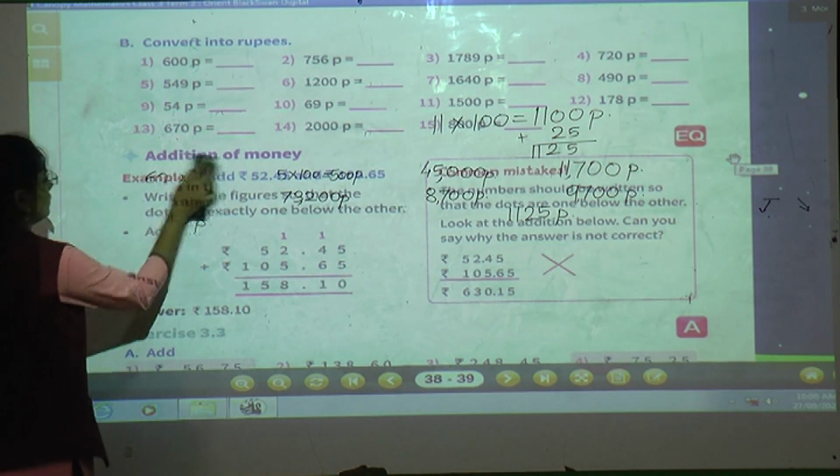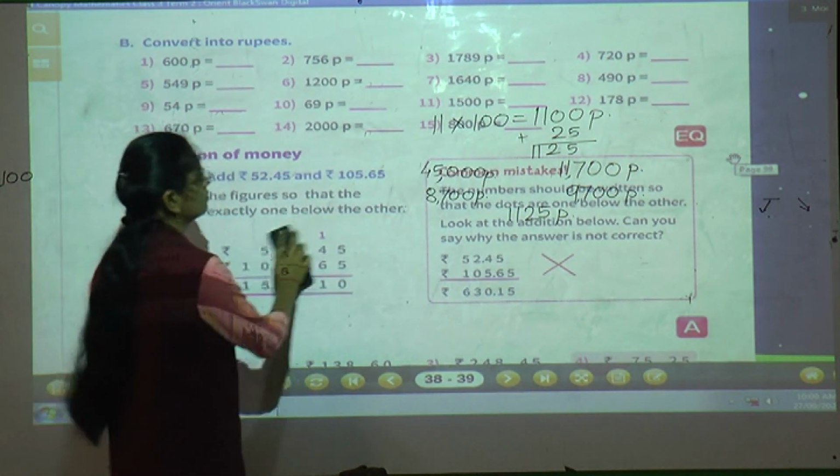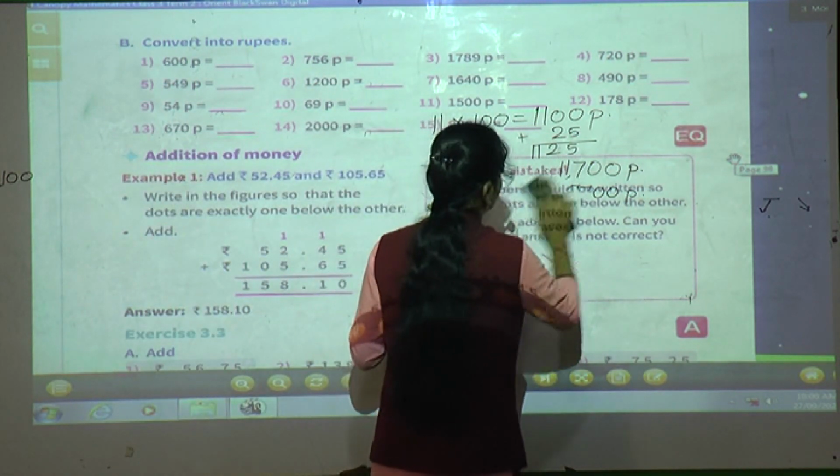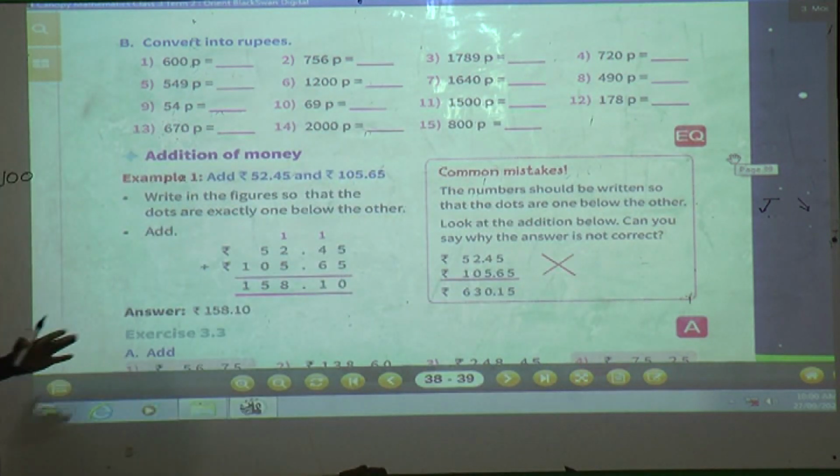See the big question. Convert into rupees. Now here they have given us the amount in paise and we have to convert it into rupees. So what do you have to do? We have seen one rule to convert into rupees.